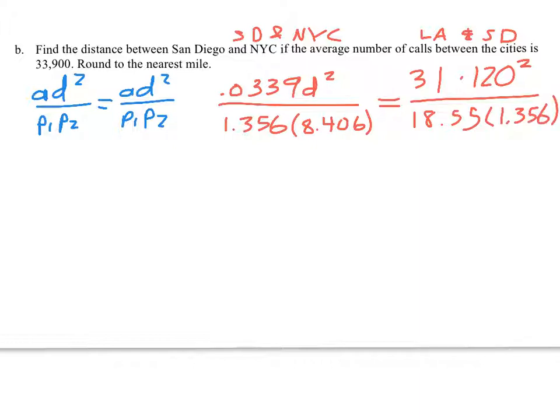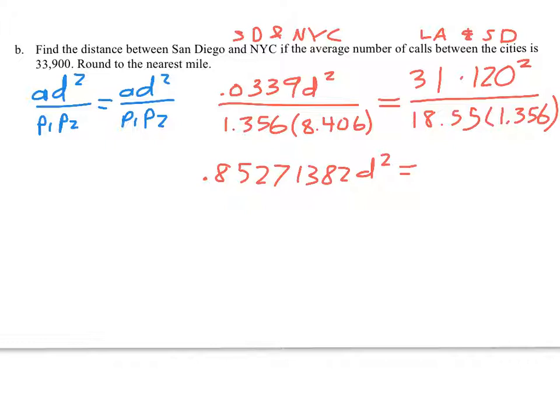Alright, let's multiply diagonally, starting with the one that has the variable. 0.0339 times 18.55 times 1.356 is 0.85271382 d squared equals 31 times 120 squared times 1.356 times 8.406.